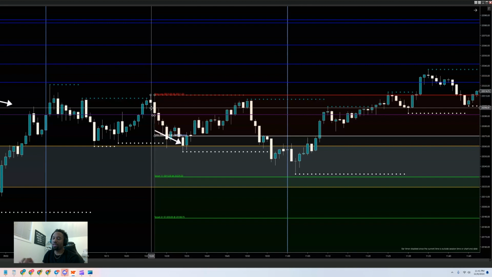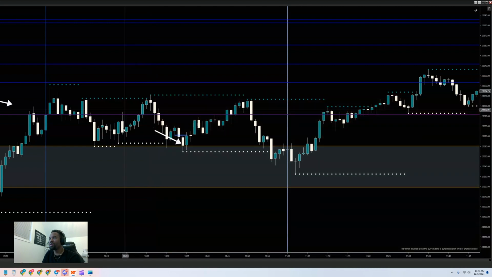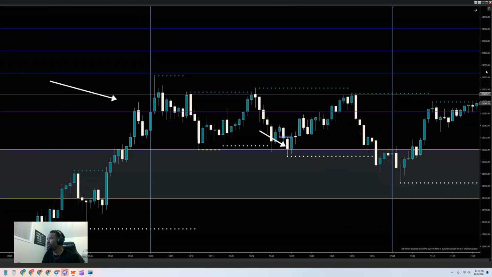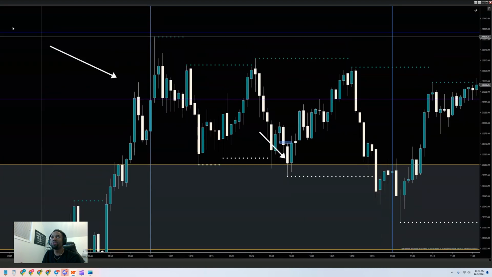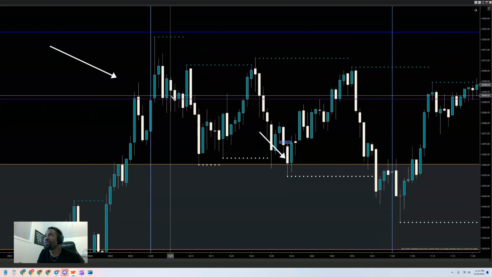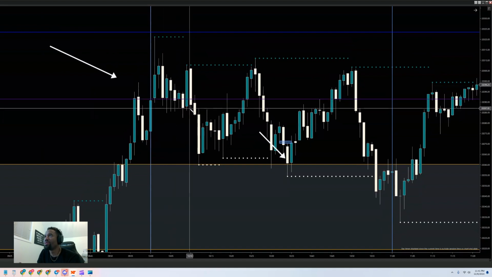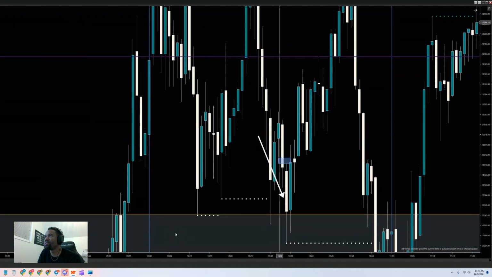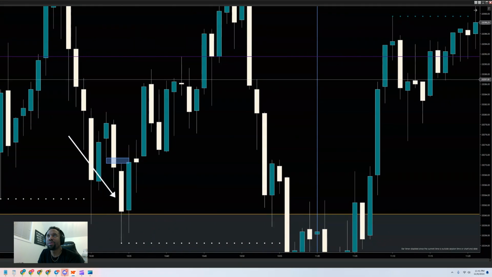So now, if we look at the other way, the first gap was, let's see if that was a 1 tick gap. No, that's not the gap.